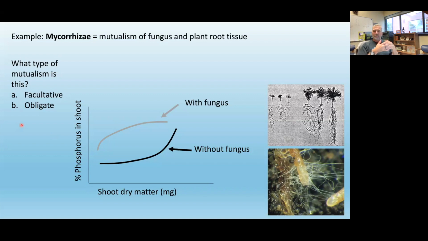This is a type of mutualism where the plants typically benefit significantly in terms of the amount of biomass that they're able to produce because of the activity of the fungus. For the most part, this is what we refer to as facultative, because they can exist separate from one another, but they do tend to benefit from the presence of one another.